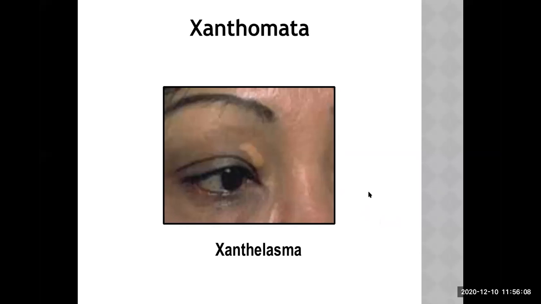In the beginning, they may present with features like xanthelasma, and if we do a lipid profile test, there is hypertriglyceridemia.